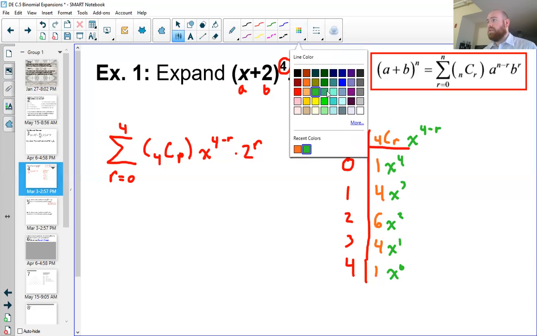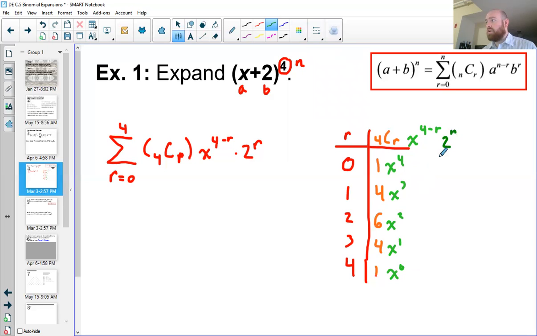And then let's go to a darker shade of green. We now want 2 to the power of r. So 2 to the power of 0, 2 to the first power, 2 to the second power, 2 to the third power, and 2 to the fourth power.